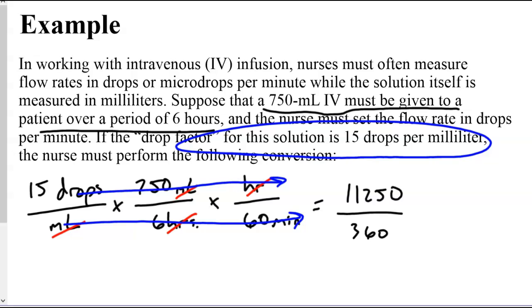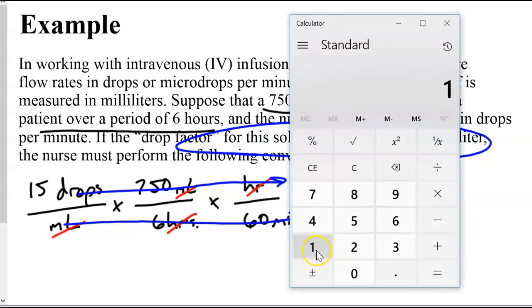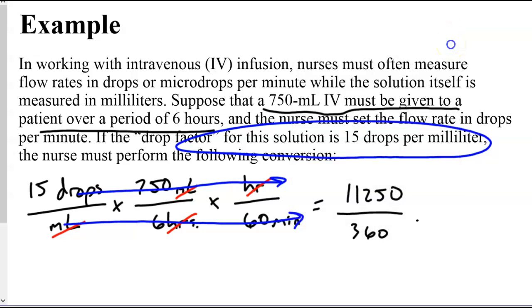So let's go ahead and do 11,250 divided by 360, and that is 31.25. And notice that there isn't a 0.25 anywhere on here, and so we're not going to measure drops with a decimal, and so we will round down, and we end up with 31 drops per minute.